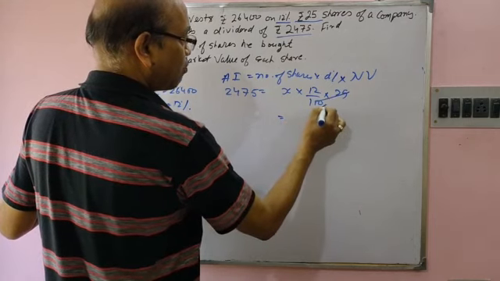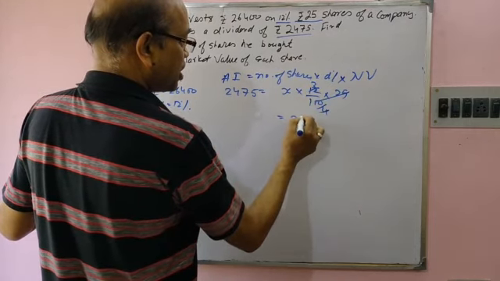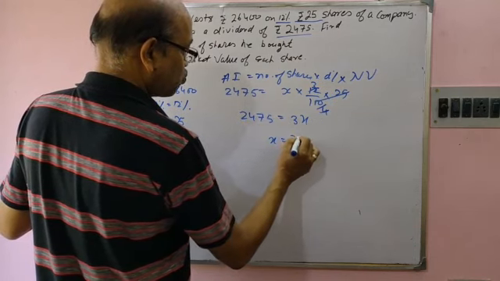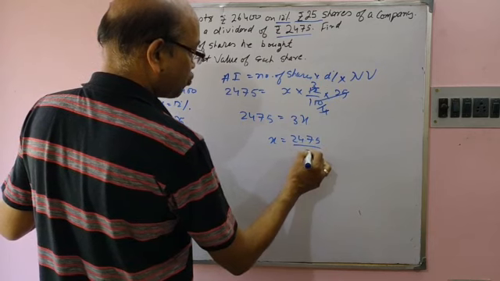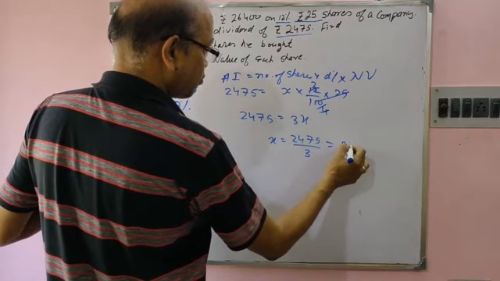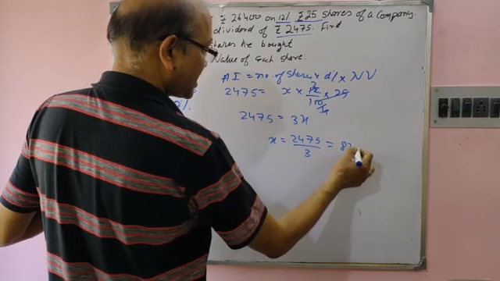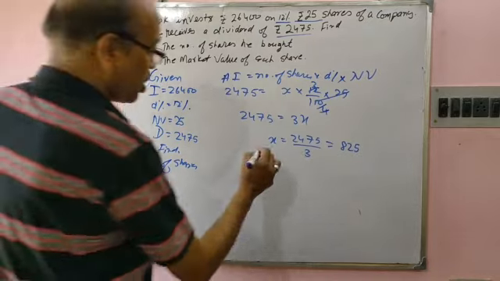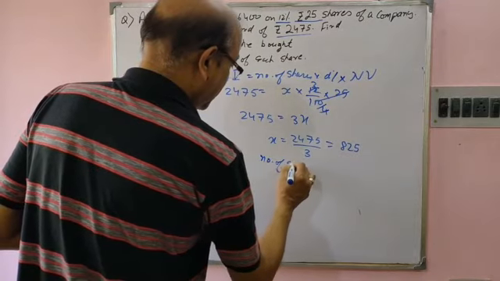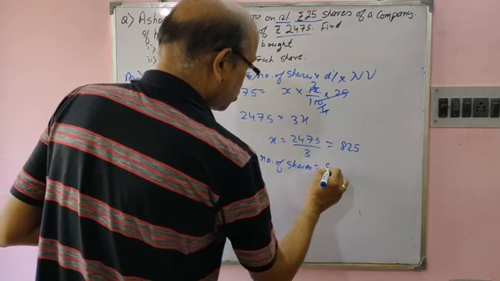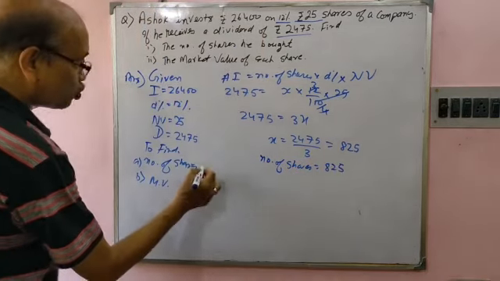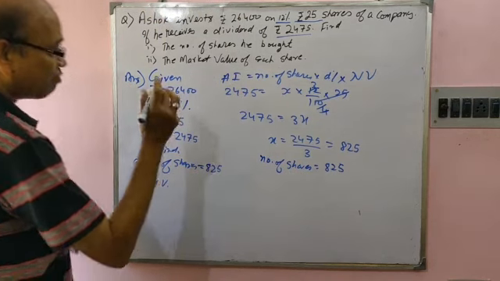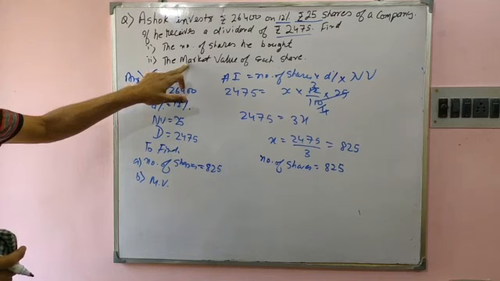Therefore, 3x is equal to 2475 and x equals 2475 by 3, which is equal to 825. So the number of shares is equal to 825. So we have found out the first part, number of shares 825.